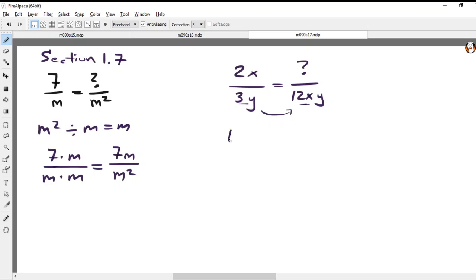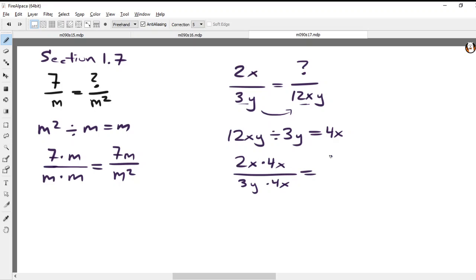I can also find that by taking my new denominator and dividing it by my old denominator. Then I take 2x and multiply it by 4x, I take 3y and multiply it by 4x, and I get my new equivalent fraction, 8x squared divided by 12xy.